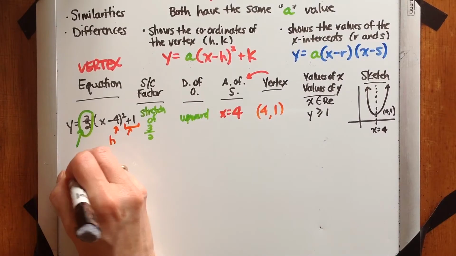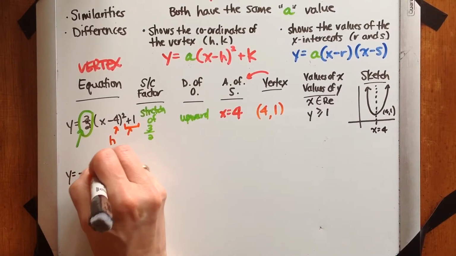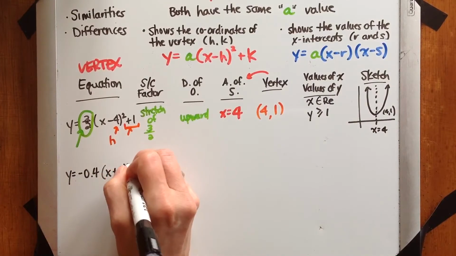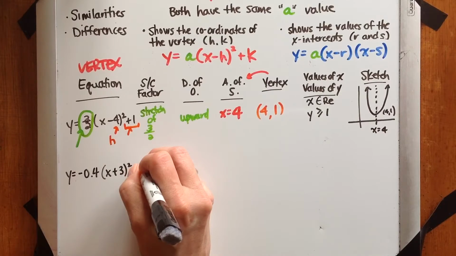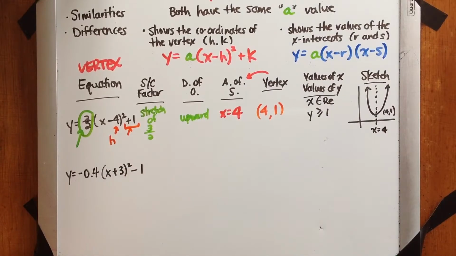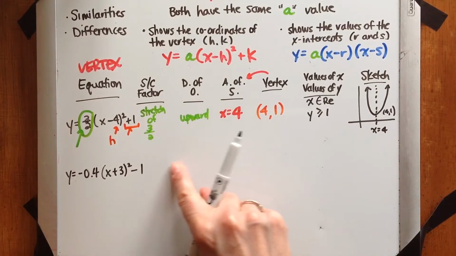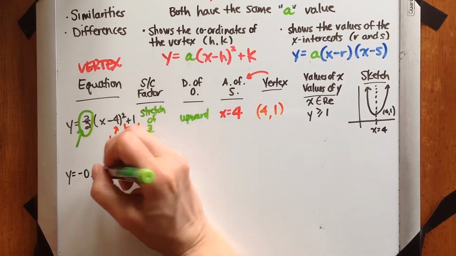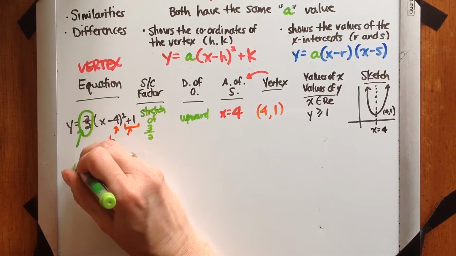Okay, let's try this again. This time let's do y equals negative 0.4 times the quantity x plus 3 squared minus 1. Same idea. Let's take this equation and find out a whole bunch of pieces about it just by looking at it. For the stretch or compression factor, again, we look to the a value out in front.